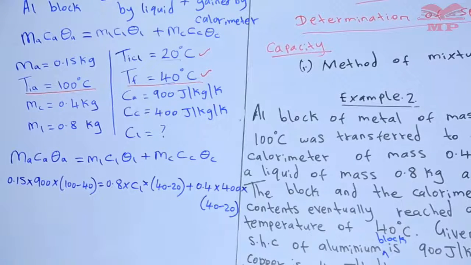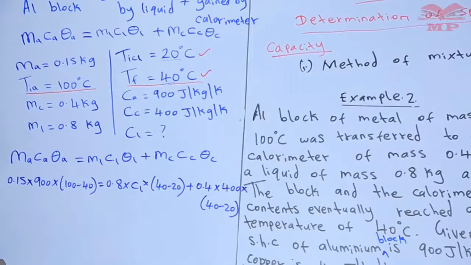So using our calculator, you just come and multiply. We can multiply all of this, where we have 0.15 times 900 times 100 minus 40, which is 60.